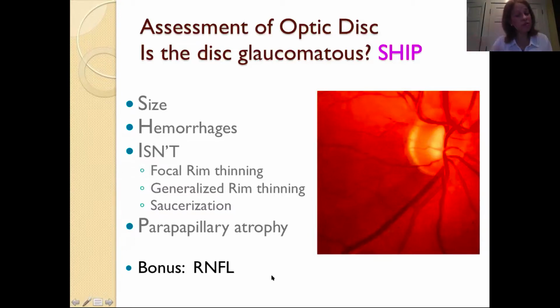It also runs over the vessels and kind of smudges their appearance. When you look in, it kind of blurs the edges of the blood vessels. If you lose the nerve fiber layer, the appearance of those blood vessels becomes sharper. So this doesn't show up that great in this photograph, but when you look in person, you'll see the blood vessels are sharper, and there's a dark area, usually in a wedge, where the light is not reflecting back because you've lost that nerve fiber layer.